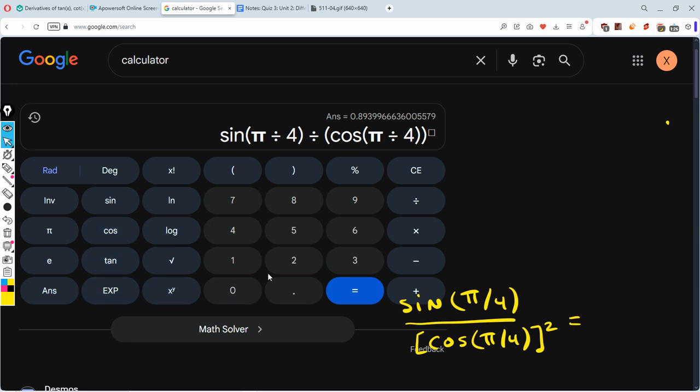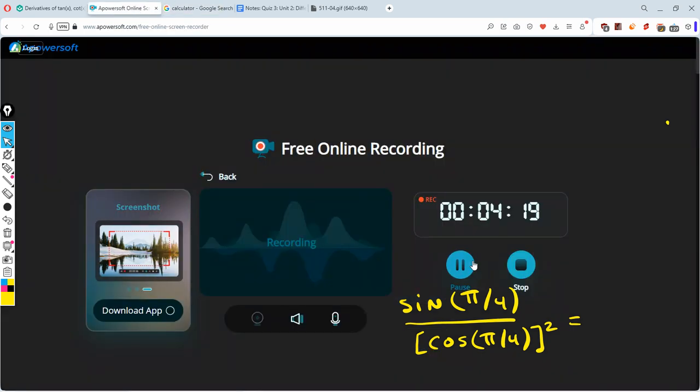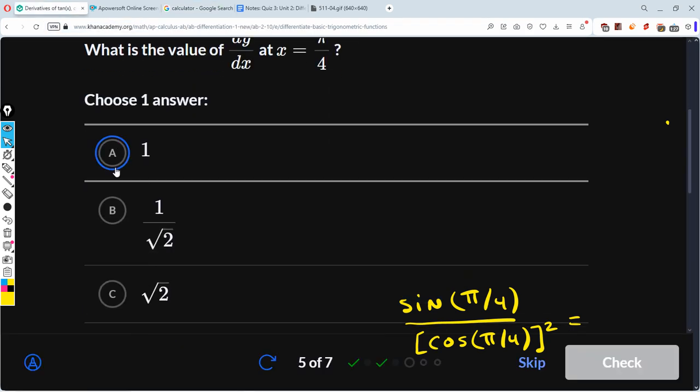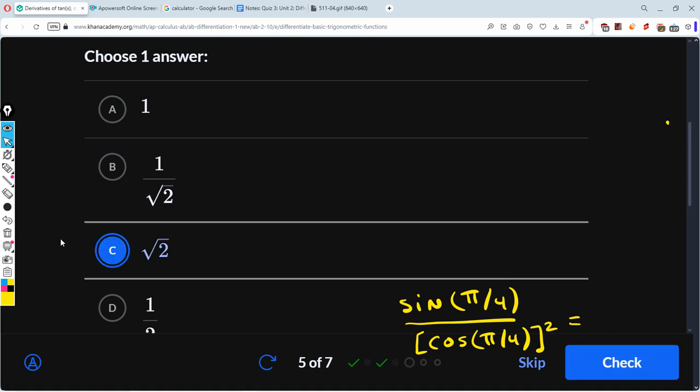Let me see if I typed that correctly. Yes, that's correct. Hit equals, and I get 1.414. Luckily I happen to know that that equals radical 2. So that's going to be answer C.